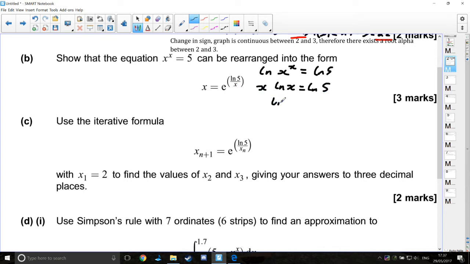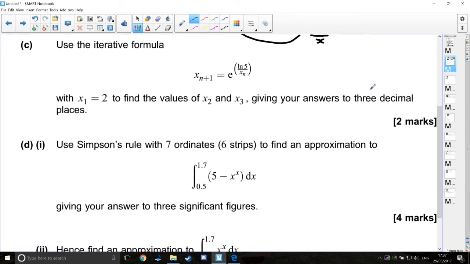So we have ln x equals ln 5 over x. And the last step, just to get this x on its own, we do the inverse of the logarithm here and just raise everything to the power of e. So this logarithm and the e would cancel, and this would be e to the power of that. So e everything, and we get this. Result shown.